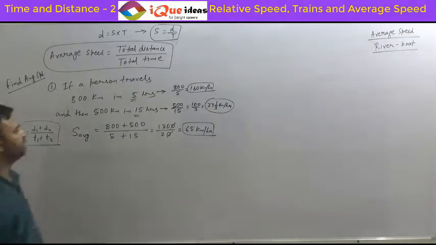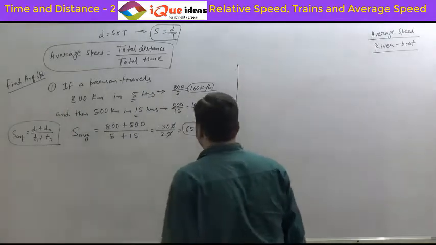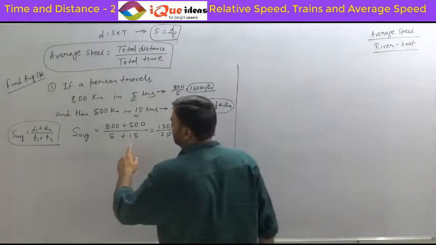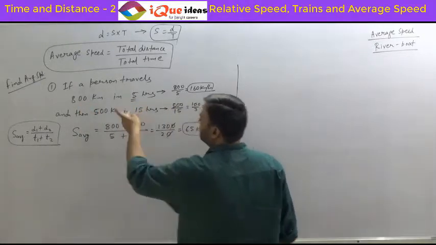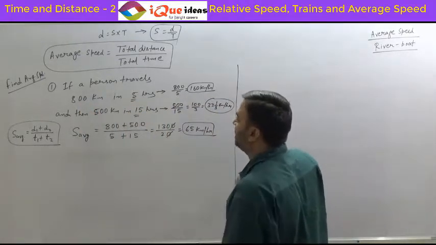Let's take the second case. In the first case, the distances were travelled in different parts, distances were given and the times were given. Let's change the situation. Suppose speed and time are given.